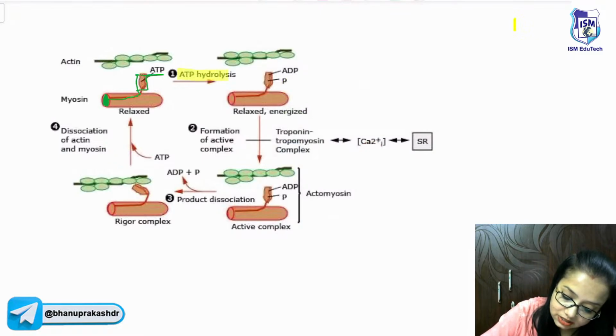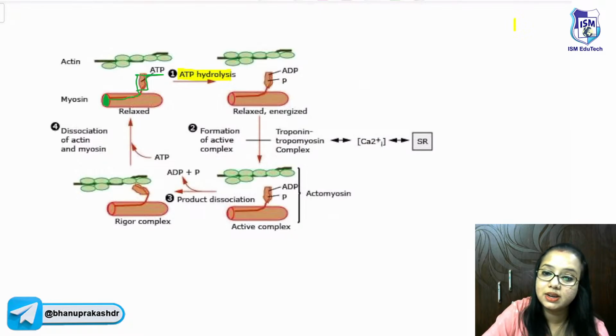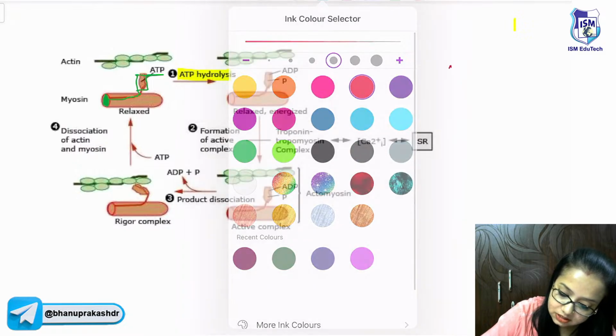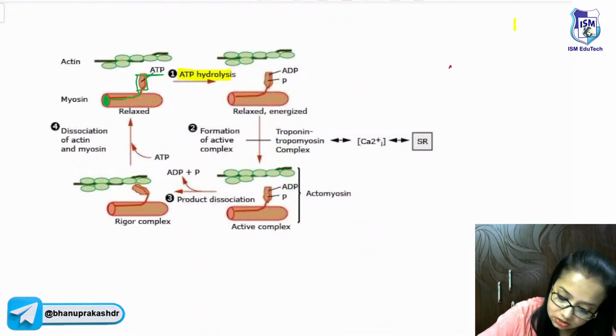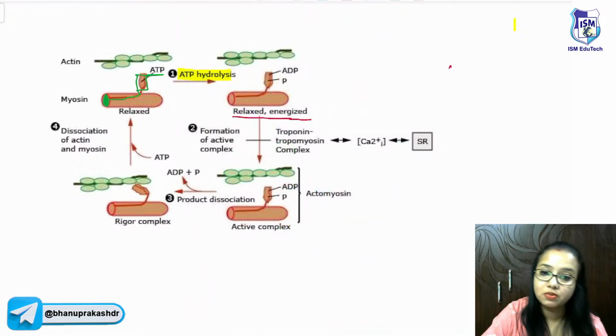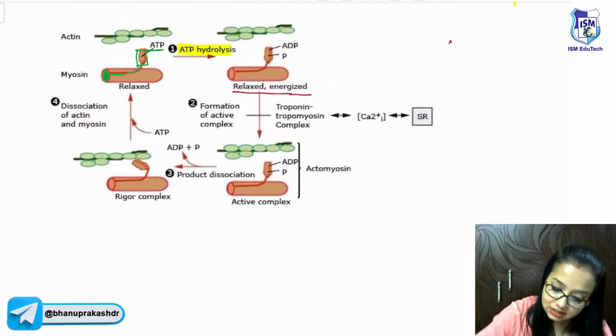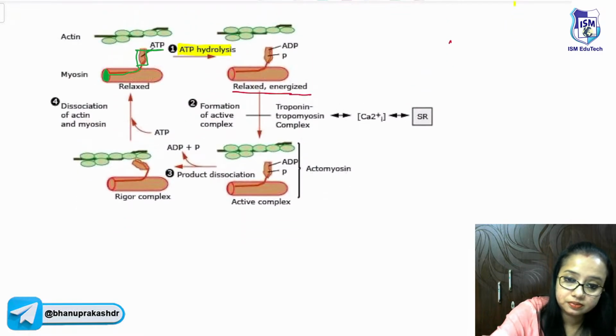After the hydrolysis of ATP, it breaks down into ADP and IP, which is the energized or the empowered form. But in this condition also, the ATP has not yet bound to the myosin, and that is the reason why myosin is now empowered.